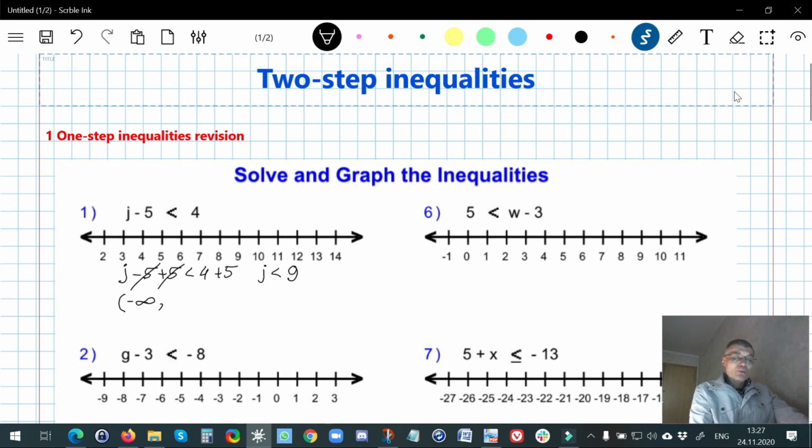It's not closed. It's never closed, because infinity is an idea which is not so easy to grasp, and it's not a number, so we can't include it. And here I have to write the right end of my interval. It's 9, but I see that I don't include it either.